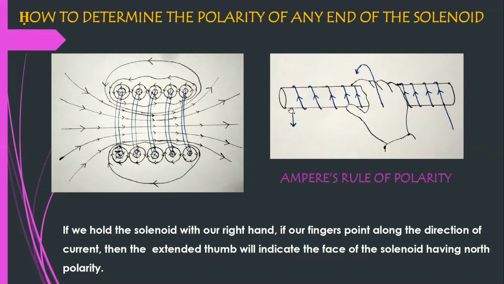Here it is shown. This is the standard rule for obtaining the polarity of any end of the solenoid. If we apply Ampere's rule, we can obtain the polarity of the solenoid.